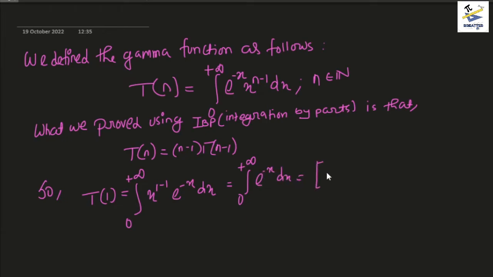Now if we were to evaluate the antiderivative of e to the power minus x, which is minus e to the power minus x from 0 to positive infinity, so it will be minus e to the power minus infinity plus e to the power 0, which is just 1 because e to the power minus infinity is just 0.